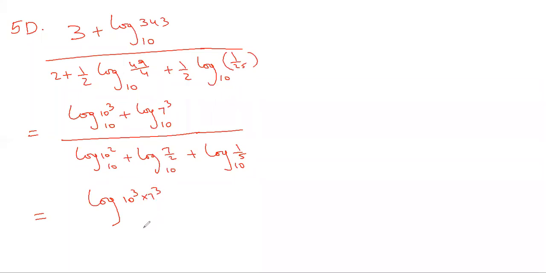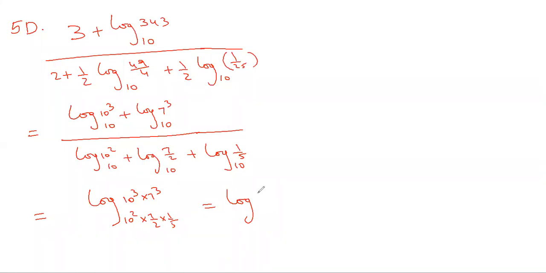Now the log of 10 cube into 7 cube, base, I'll directly use the formula, base 10 square into 7 by 2 into 1 by 5. So which is equal to the log. We could simplify this 7 cube.